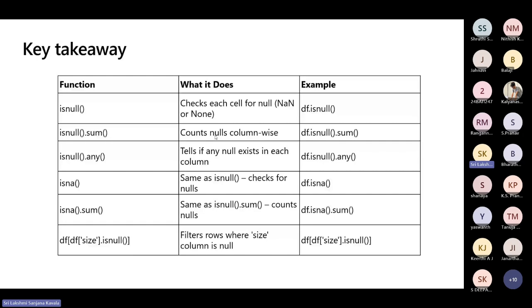The third one is null.any. It tells if there is any null in each column, and it returns either true or false. And these are some different syntaxes that also return the same as above. And the last one filters rows where the size column is null. That means in a particular column, it gives all the null values.